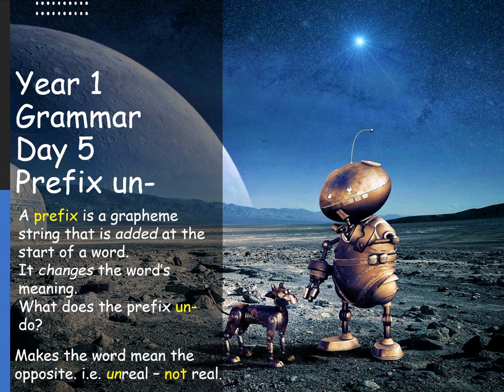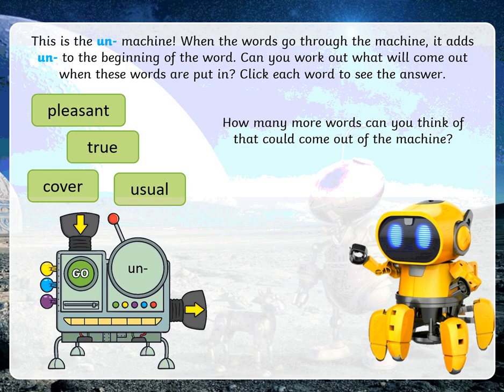So are you ready to go on to the next part of the lesson? Okay, so the nice robots at Twinkle have made this un machine. And what our robots would like you to do is work out what would happen if we put the following words, pleasant, true, cover, and usual, through our un machine. And they've also got a big challenge.